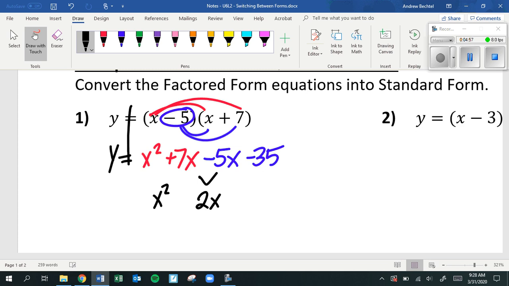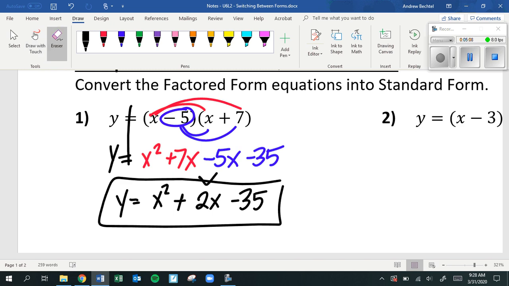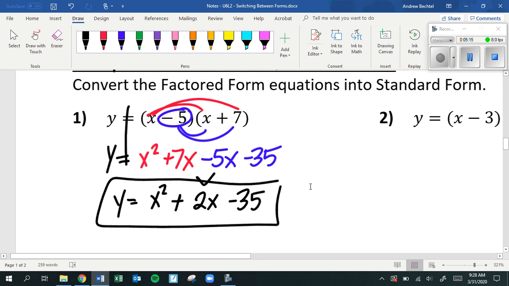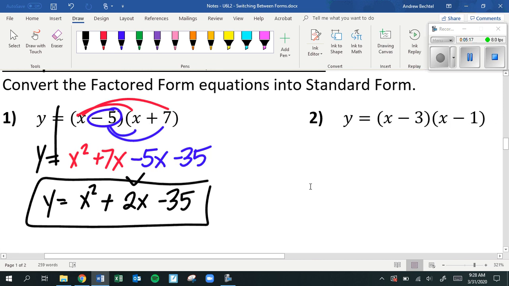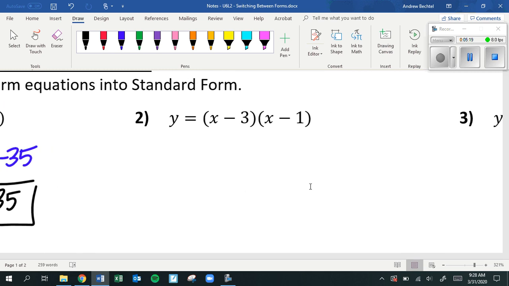Because the 2 is positive, we'll say plus, and the minus 35 comes down without any changes. We have just found our standard form from the factored form. All we're doing is taking that multiplication skill we learned last unit and making it into an equation.